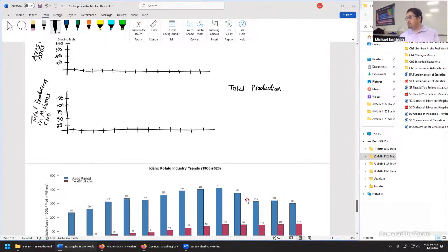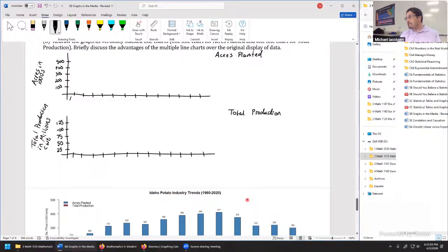We need to put in the years. So let's go 1960, 1965, 1970, 1975, 1980, and so on down the line.